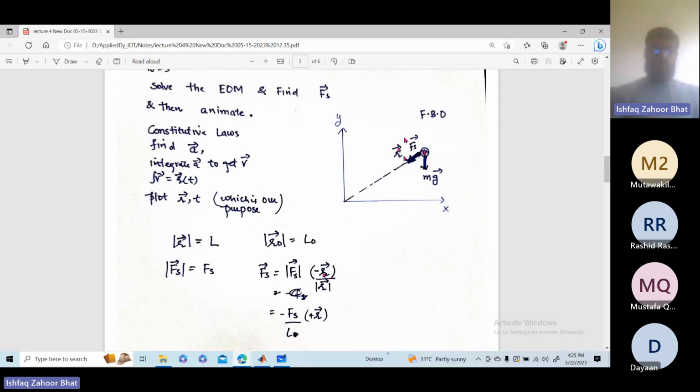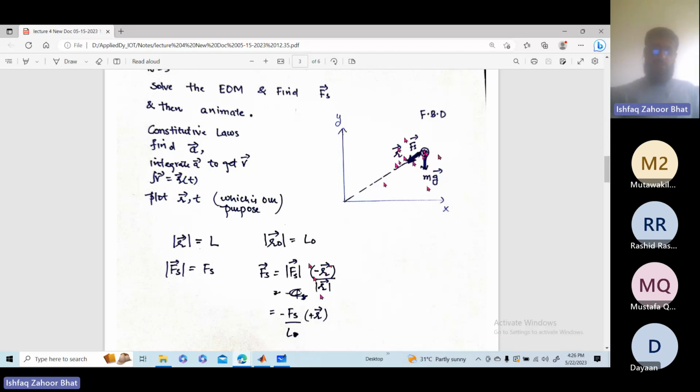So the negative direction of r I have represented as minus r upon mod of r. So basically this gives us the unit vector pointing in the opposite direction to r. Any vector divided by its magnitude gives us the unit vector pointing in that direction. But I have used a minus sign, so it gives us a unit vector in the opposite direction to r. So this Fs is acting in the negative direction of r.